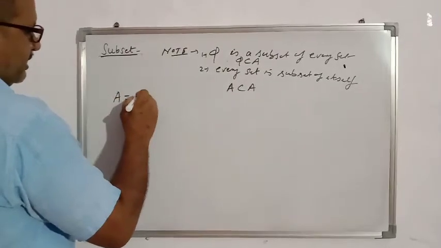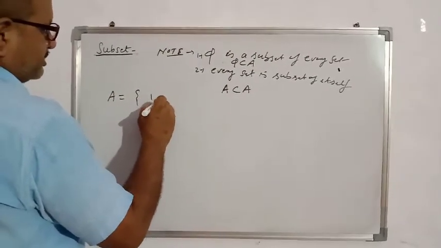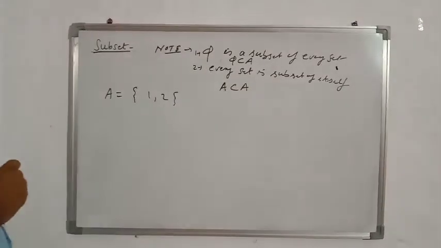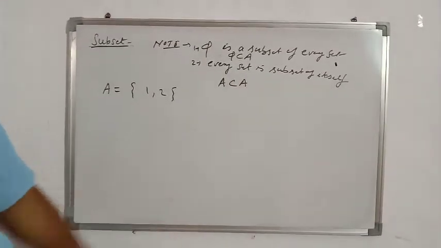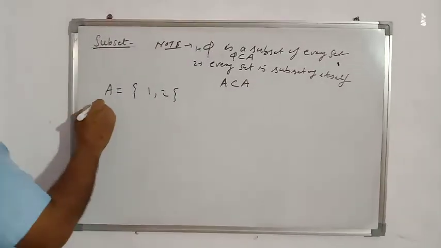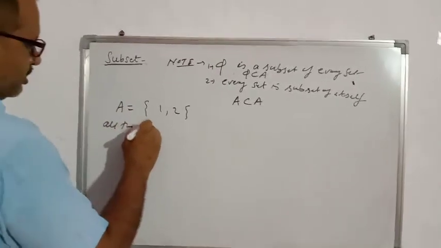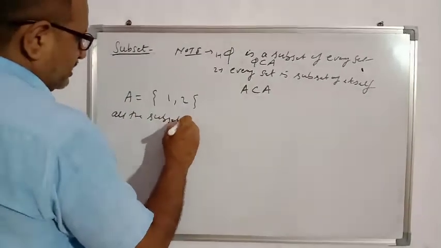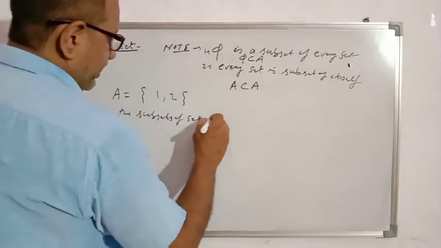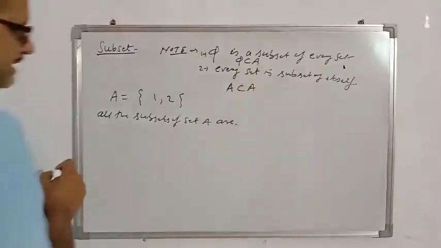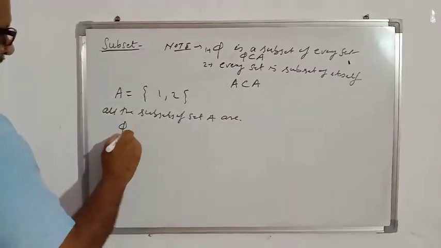Suppose a set A contains two elements, 1 and 2. We have to write all the subsets of this set. So how can we write all the subsets of set A? The first subset will be the null set.